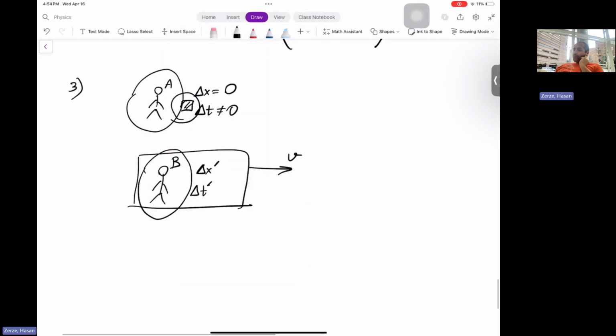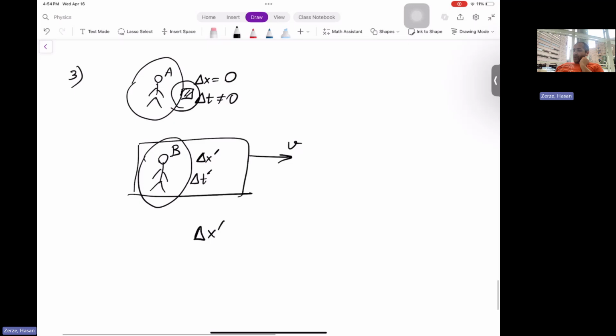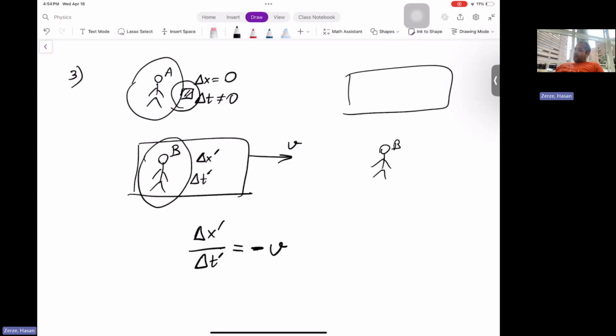So basically, this delta x prime divided by delta t prime must be equal to the velocity of this object that observer A sees as stationary, which is negative v, because from the observer B point of view, it's the observer A moving to the left with a velocity v, and also this object moving to the left with a velocity of v.